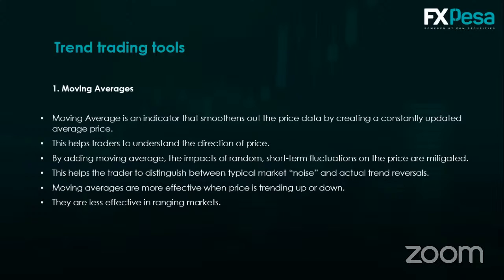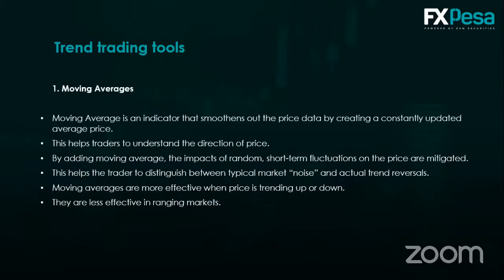So the first tool that you can use is a moving average. A moving average is an indicator, and it tends to smoothen out price data by creating a constantly updated average price. A moving average is presented in a linear format.